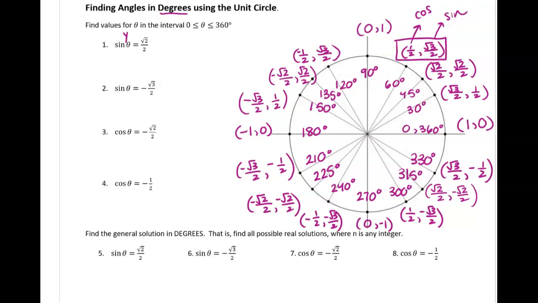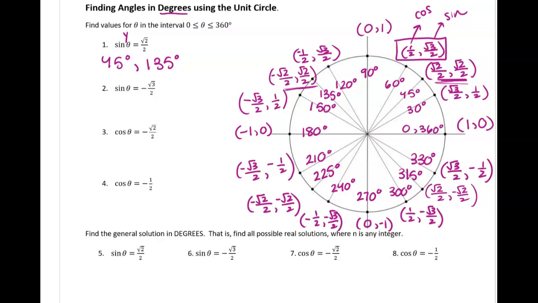So essentially we're asking the question, at which angle is the y value square root of 2 over 2? And if we look around, the y value is square root of 2 over 2 for 45 degrees, and the y value is also root 2 over 2 for 135 degrees. So those are our two answers.